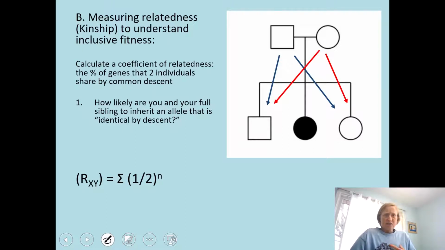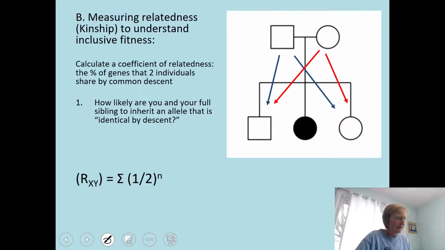What percent of my genes do I share with my sister Cheryl? What percent of my genes do I share with my son Ben? We can calculate this on average. And we can ask this question in a variety of ways. One of them is, how likely are you and your full sibling to inherit an allele that is identical by descent? This is essentially asking the same question as, about what percent of your genes do you share with your full sibling?